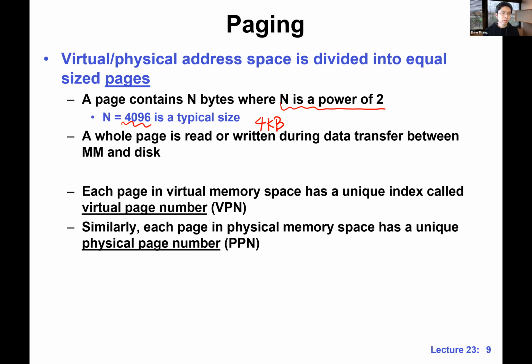So usually in modern systems we have 4 kilobytes. This is the so-called VPN, for virtual page number. This is not the VPN you use to access the Cornell network. This is really for the page number. And for the physical page number, we have something called PPN.